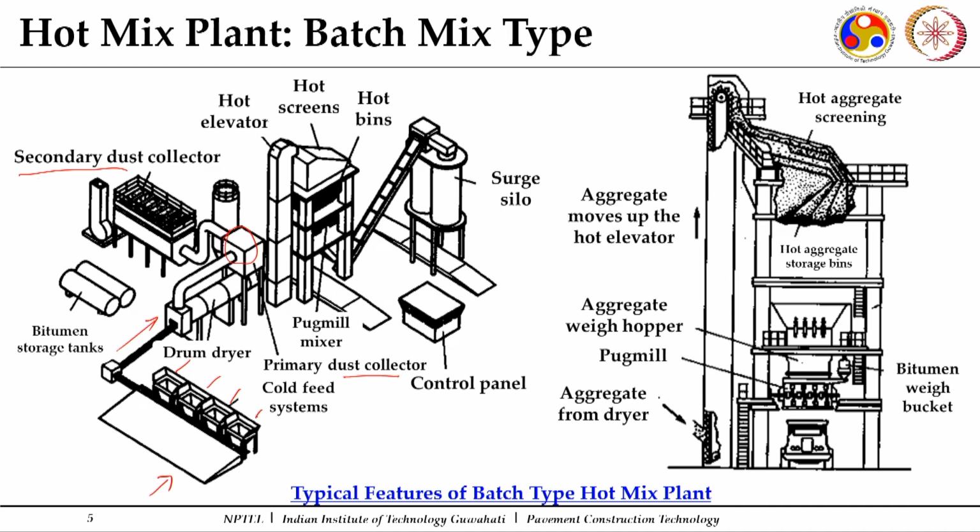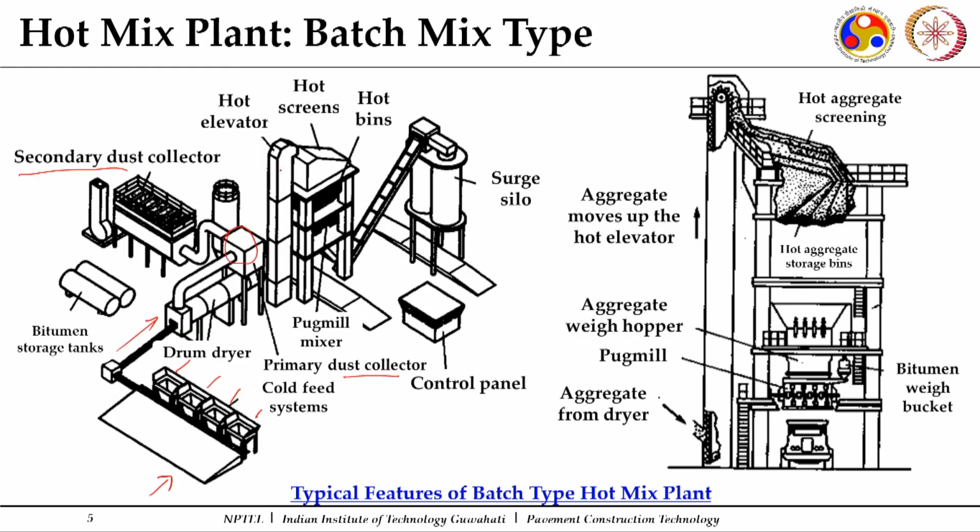So they try to trap whatever dust goes with the emissions, and we will look into reuse of it along with our aggregates as per the requirement, because otherwise we may fall short of fines specifically in the aggregate in the mix which we are going to produce.